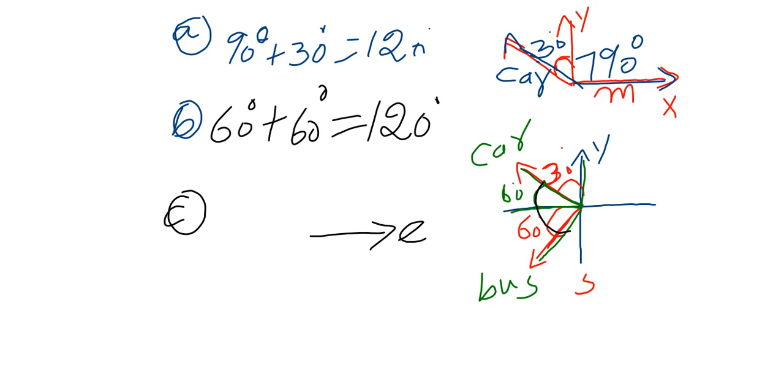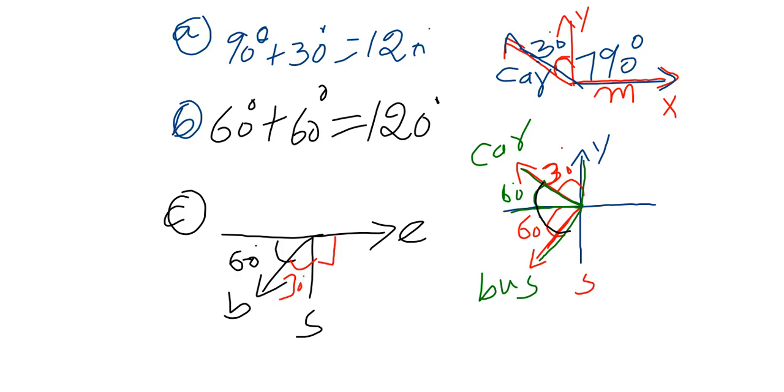So the axis is here, bus is here. The angle from here to here is 60 degrees. So remaining this angle is 30 degrees.